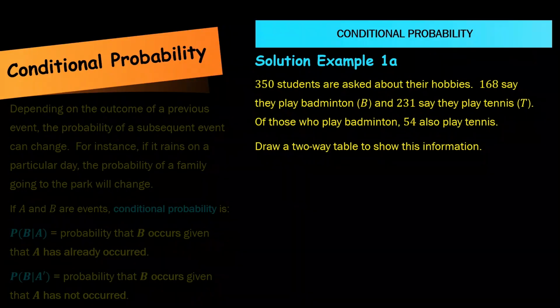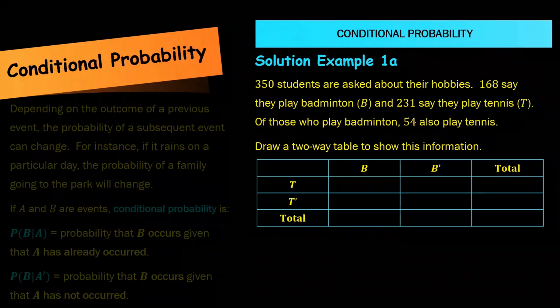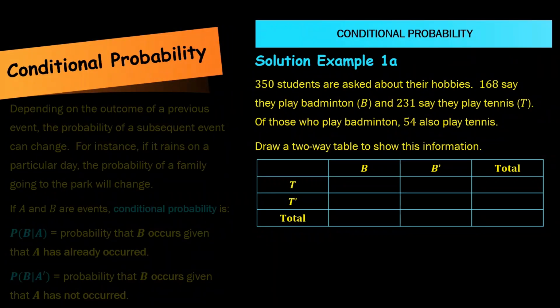So let's begin. Here's our table. Of course, B represents badminton and B dash represents not playing badminton, and similarly for T for tennis. We have a total of 350 students.